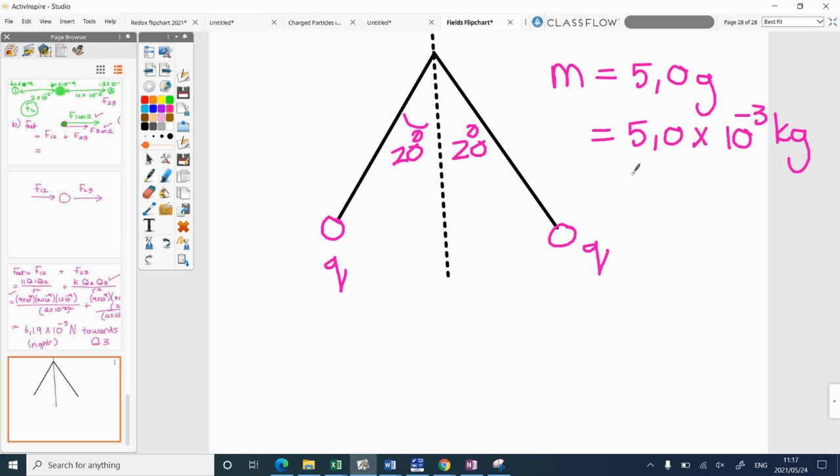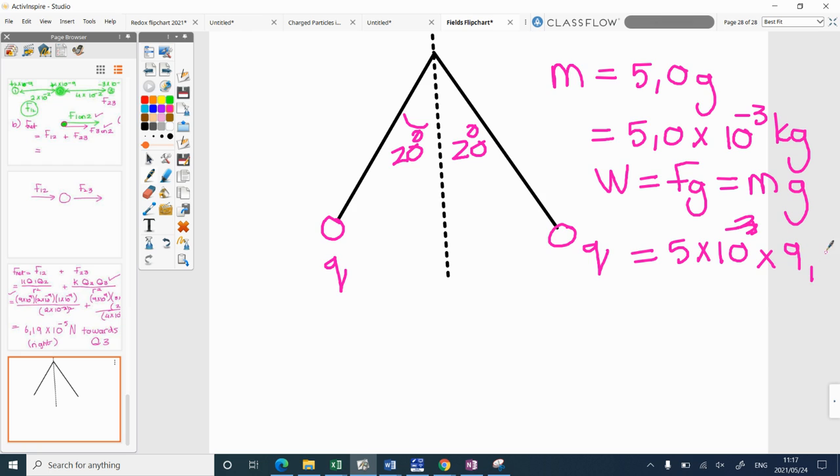And then this is not a force, so if we want the weight, which is equal to Fg, it's the mass times G, remember? So that is going to be 5 times 10 to the minus 3 times 9.8. That will give you your weight. Do it because you might need it and that would give you a mark.